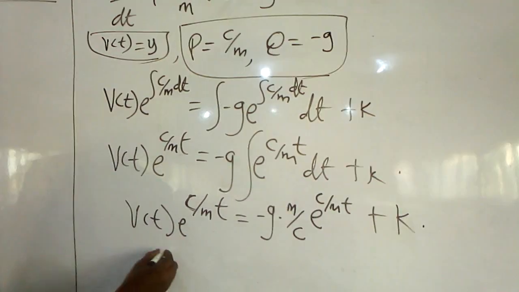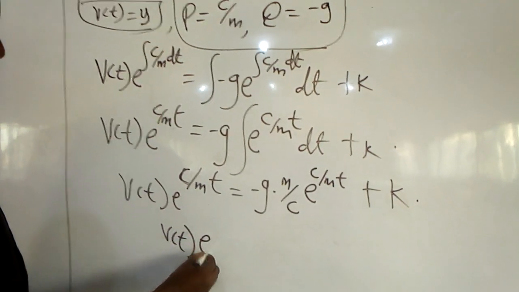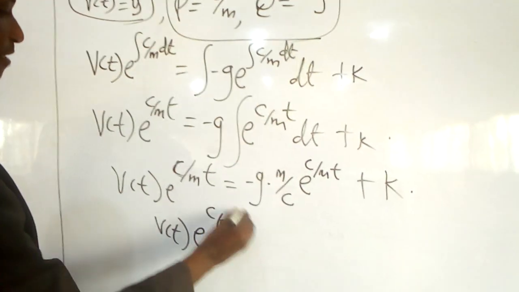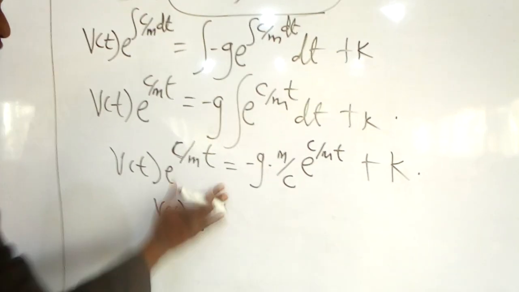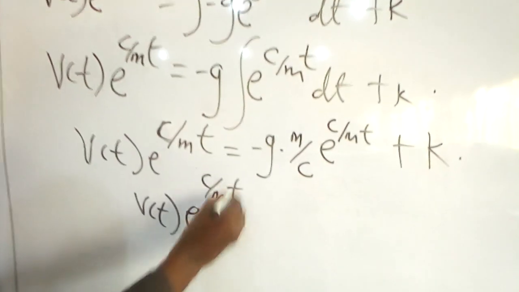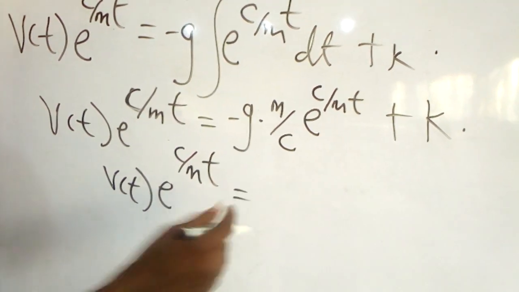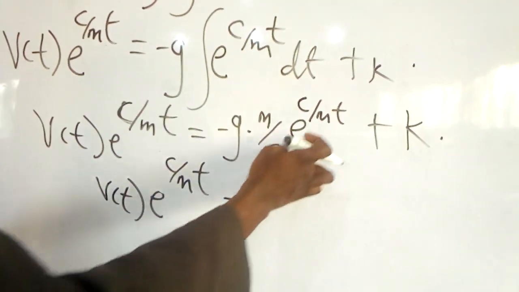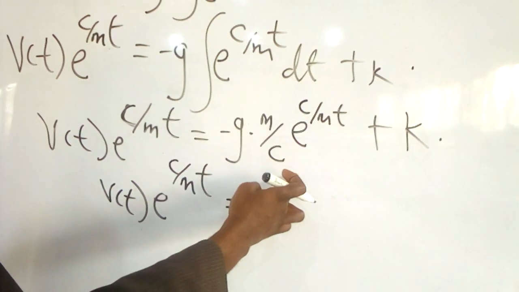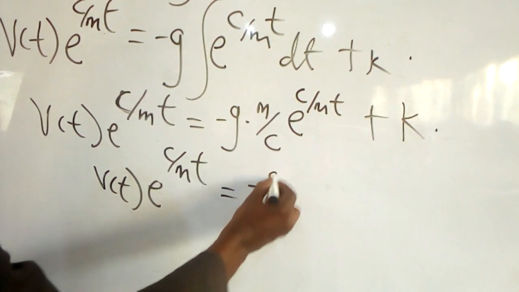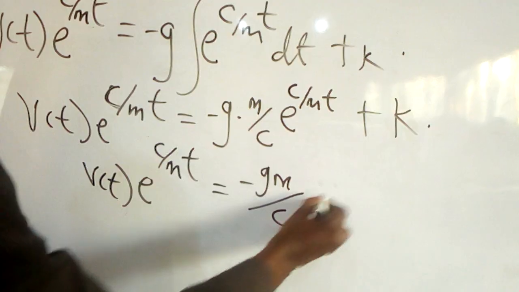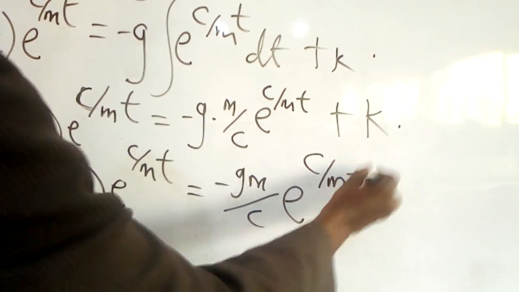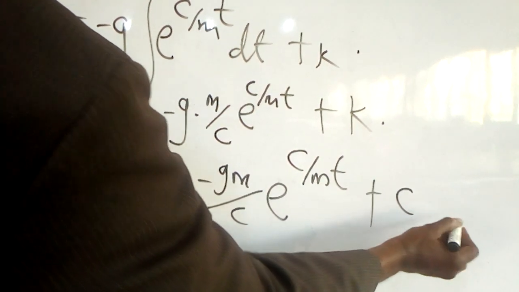So at the end of the day, we have velocity as a function of time exponential c over m t is equal to c over m, c over m t is equal to, now since this has been integrated and we are having the inverse of it, because based on integration format we have minus gm over c exponential c over m t plus arbitrary constant k.